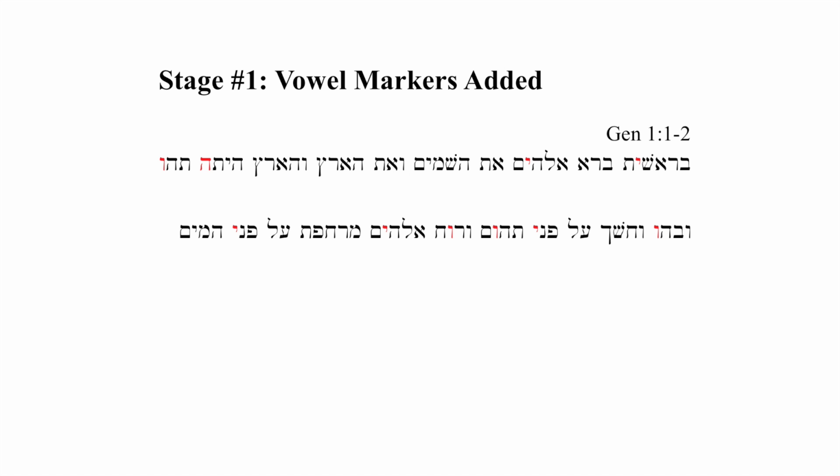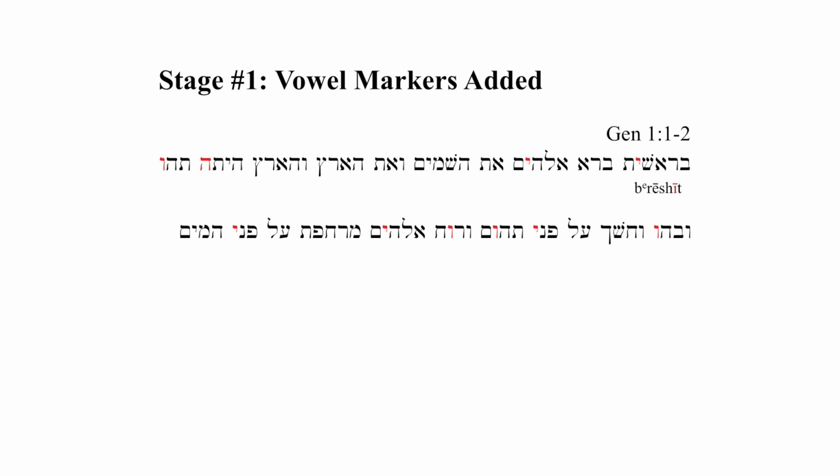These vowel markers were then inserted into the text both inside the word and, more commonly, at the end of words to indicate the presence of a vowel. And this can be seen in the reading from Genesis chapter 1, verses 1 and 2 that's depicted here.